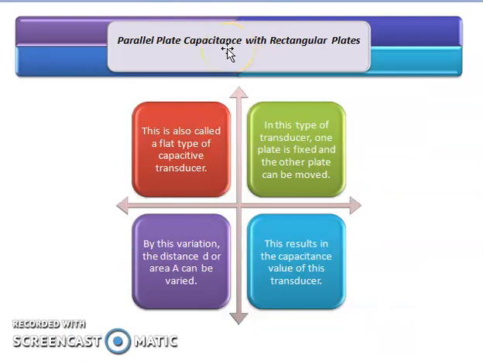The parallel plate capacitor is also called the flat type capacitive transducer. In this type of transducer, one plate is fixed and another plate is movable. This results in a change in the capacitance value of this transducer. By this variation, the distance D or the area A can be varied.